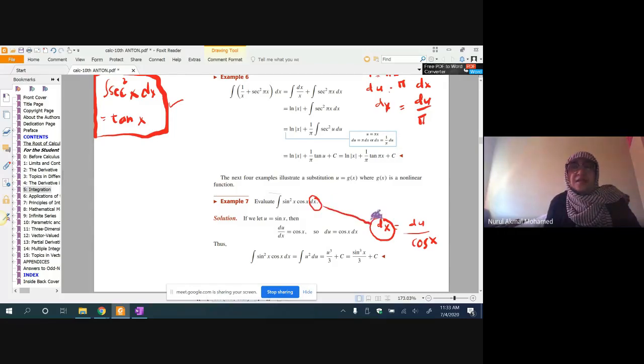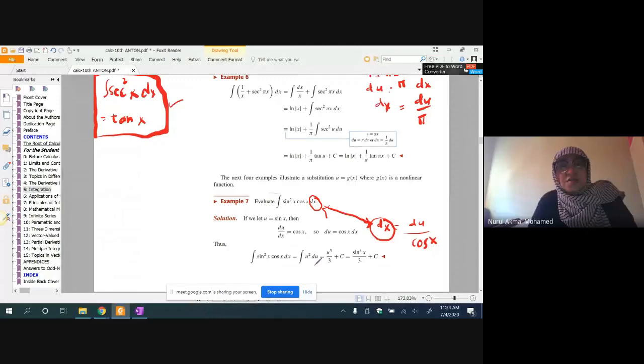Dx in these integrations. So here it is sine squared x, which is u squared. Okay, u squared, and this one you can write cos x, and dx here is du divided by cos x. So the cos x here can cancel out with the cos x here. Okay, so the answer will be u squared du.